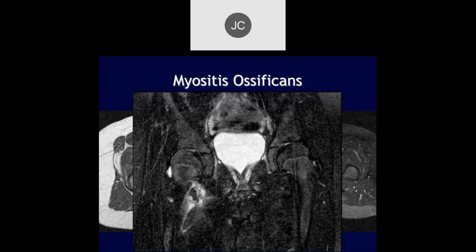The point here is that myositis ossificans can look pretty aggressive on an MR examination. So you have to keep that in mind. The problem with this condition is you excise it, you get a bigger one afterwards, unless you wait at least a year from the time of injury.